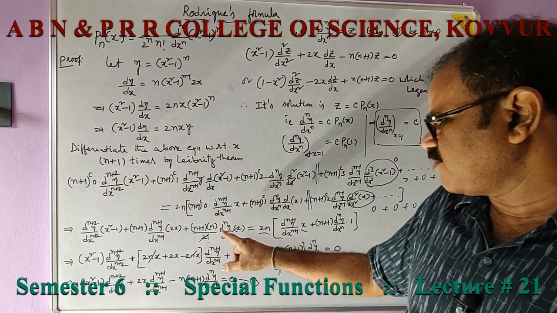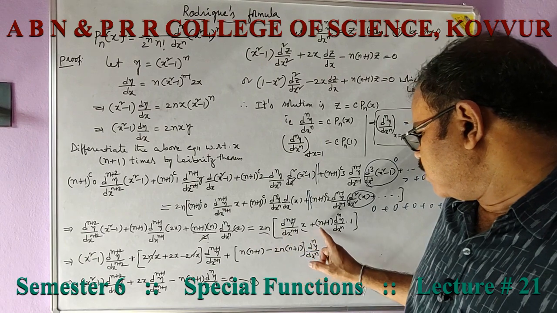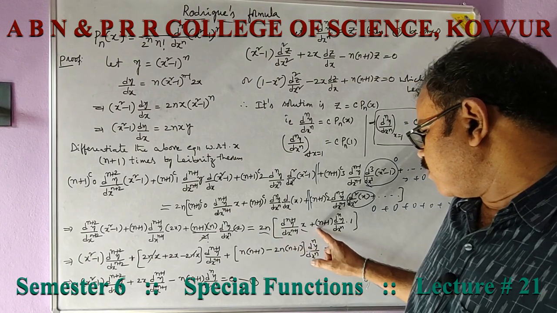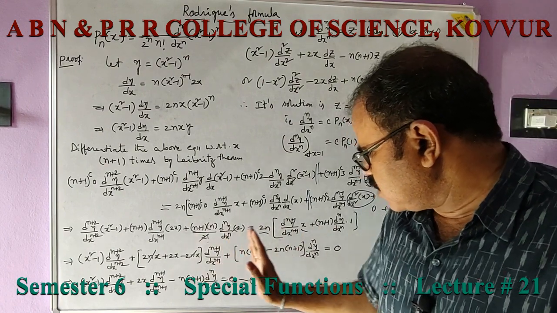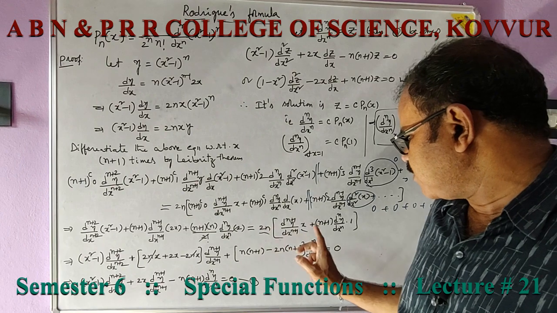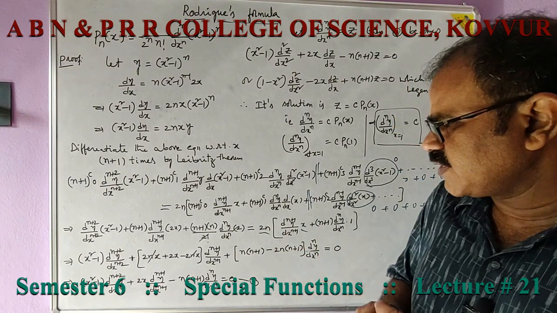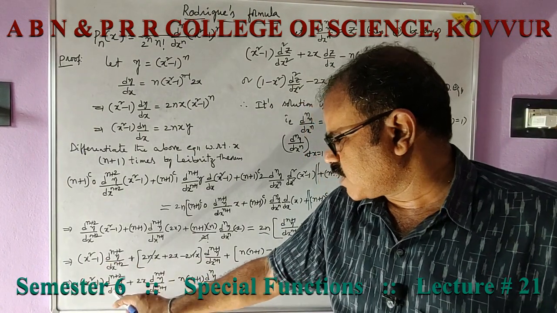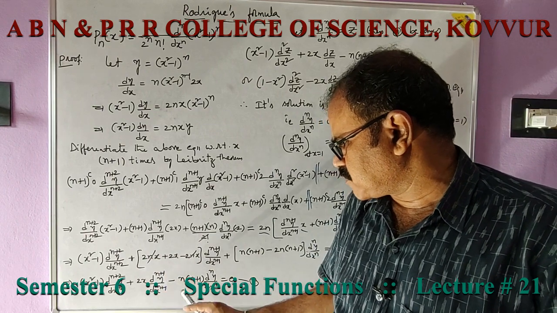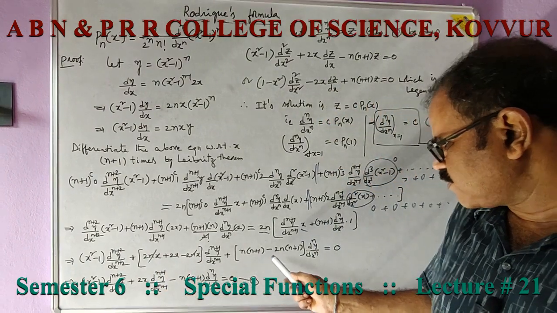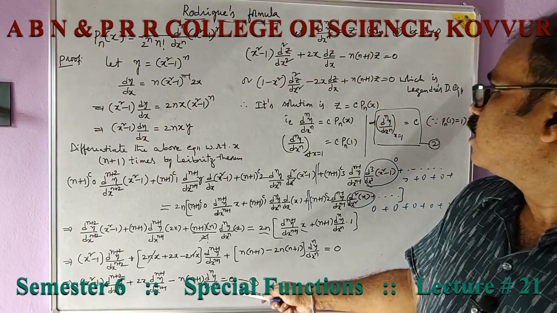Next, nth derivative of y: here the coefficient is n into n plus 1, here the coefficient is 2n into n plus 1, that comes into the left hand side, therefore that is minus 2n into n plus 1, and the derivative of y is equal to 0. Simplifying, we have x square minus 1 d power n plus 2 y by dx power n plus 2, plus 2x d power n plus 1 y by dx power n plus 1, and this is n into n plus 1 minus 2n into n plus 1, that is minus n into n plus 1 d power n y by dx power n.